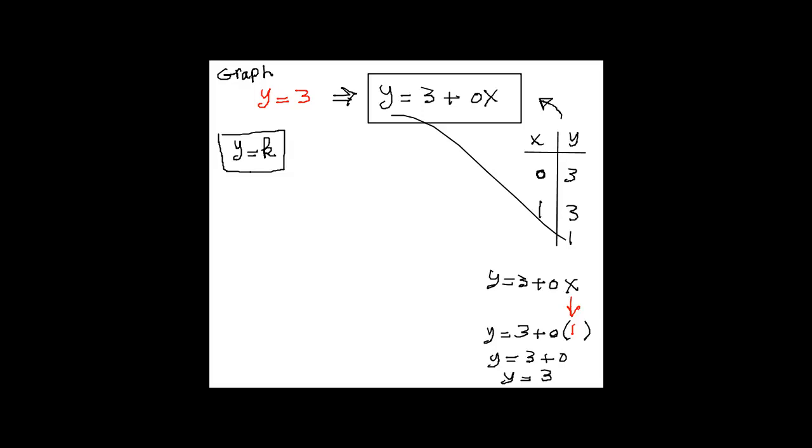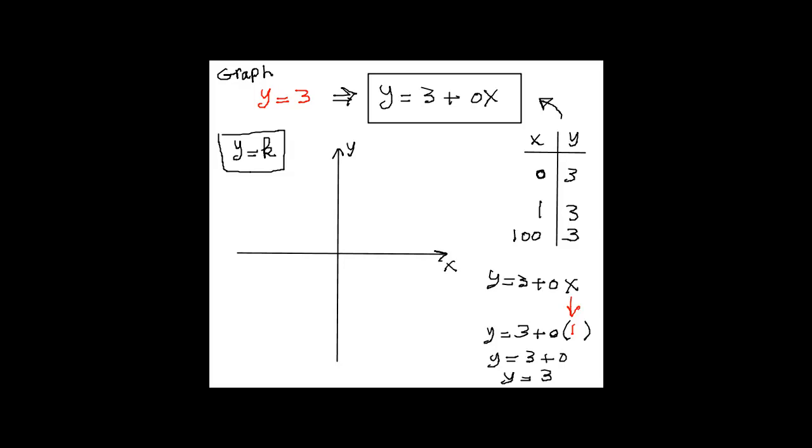Okay, regardless of what I substitute for x, I can let x equal 100, y would always be equal to the same number, 3. So when I graph this, if I find a couple of points here, this is y, and this is x, let's locate that.